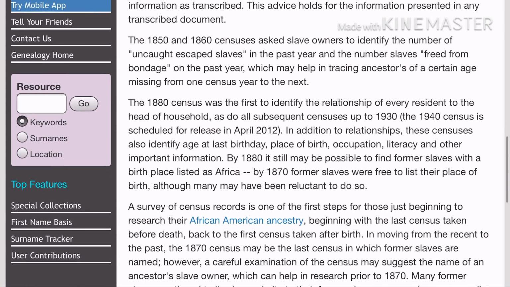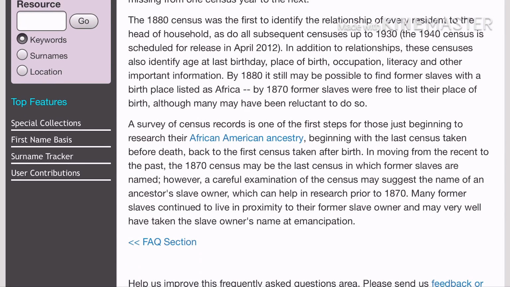The 1880 census was the first to identify the relationship of every resident to the head of household, as do subsequent censuses. In addition to relationships, these censuses identify age at last birthday, birthplace, occupation, literacy, and other important information. By the 1880s, it still may be possible to find former slaves with the birthplace listed as Africa.